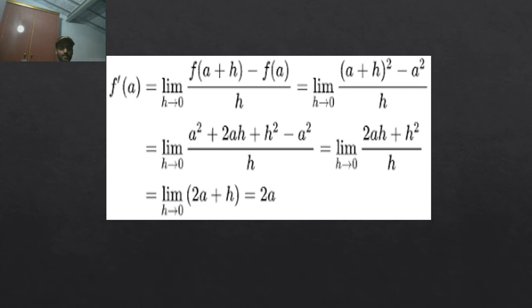Limit of a square plus 2ah plus h square minus a square. Limit of 2ah plus h square over h. Limit is equal to limit of h bracket 2a plus h over h, which is equal to 2a.